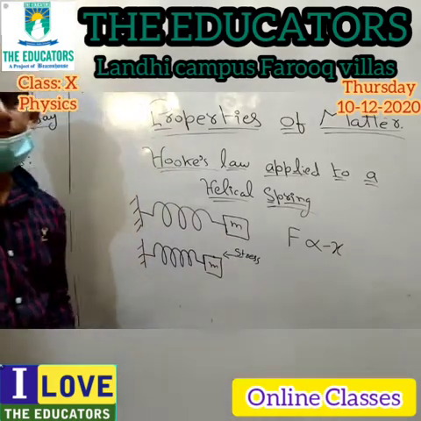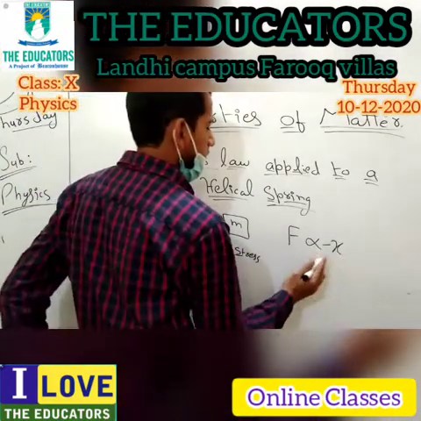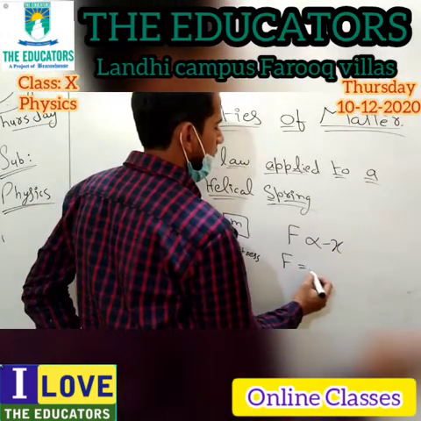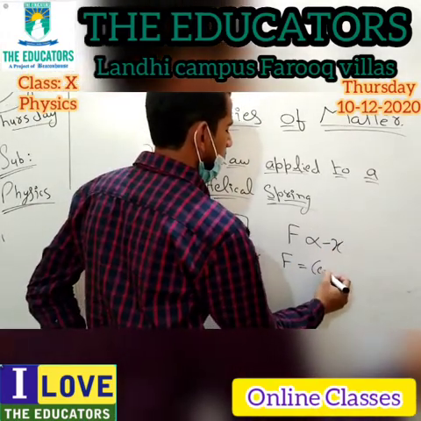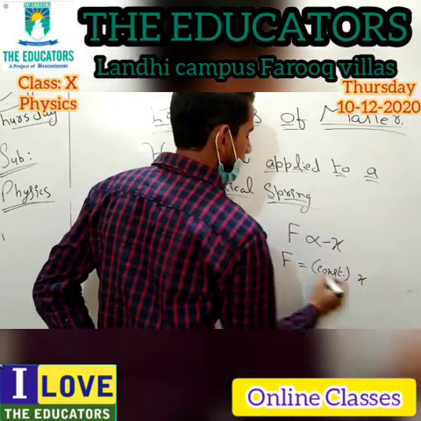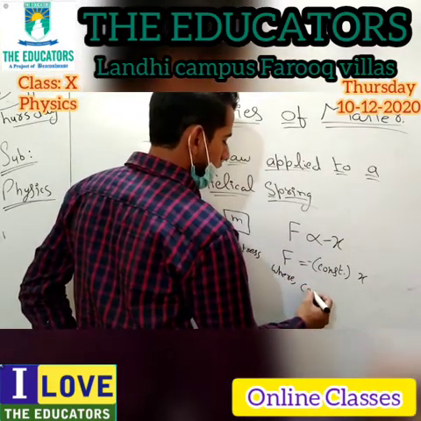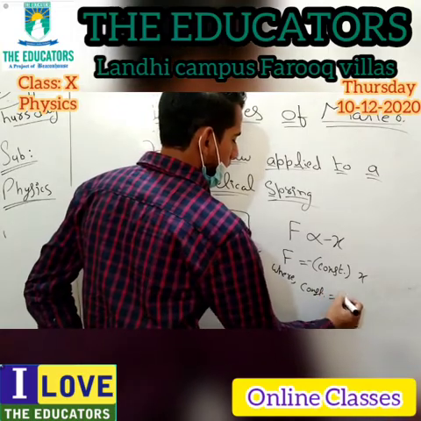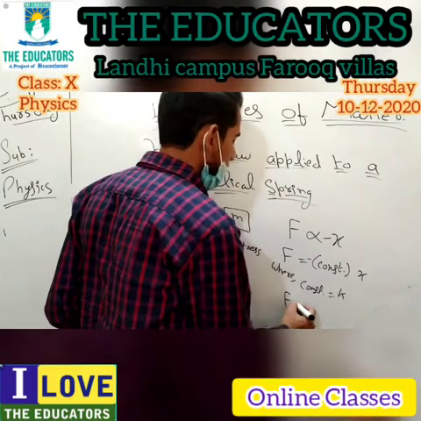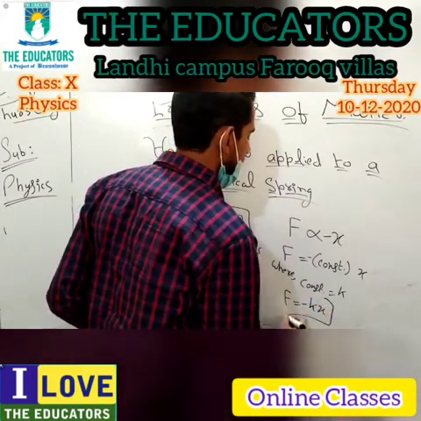Now let's proceed with Hooke's law. We already know that if we eliminate the sign of proportionality here, we will get an equals sign and a constant. Now in this case, what is the constant? The constant term is k. We write k here as a constant. So after putting k in place of the constant, we get F equals minus kx.